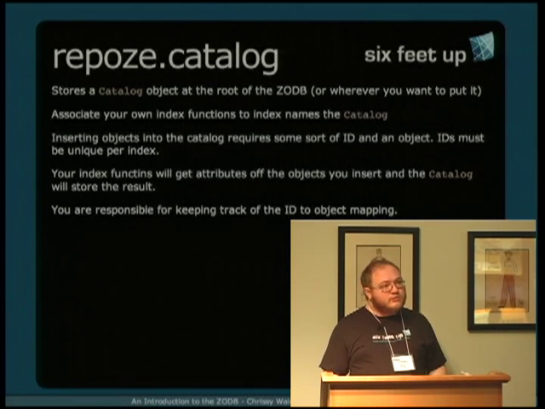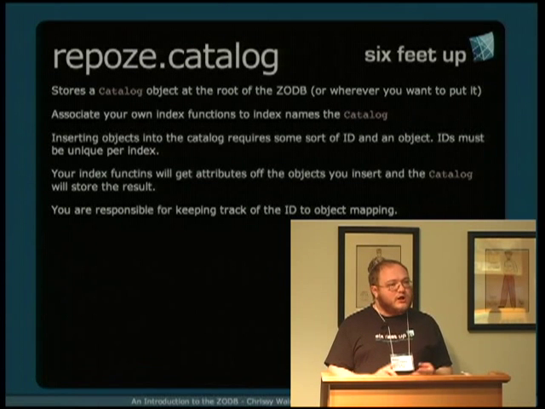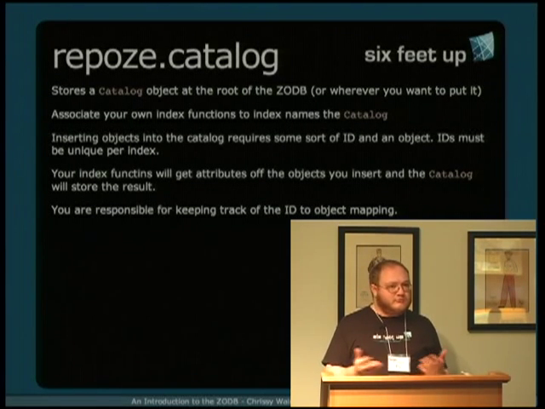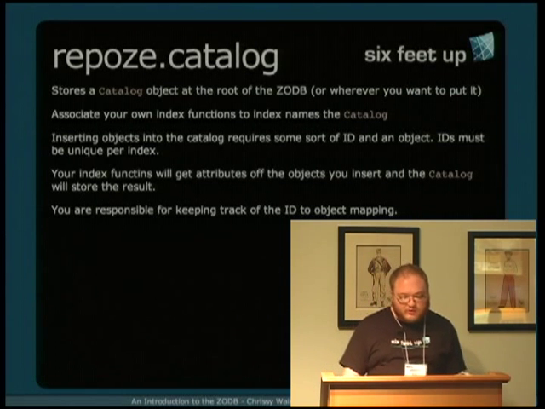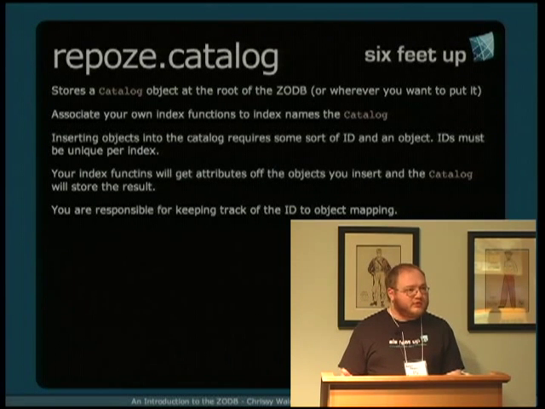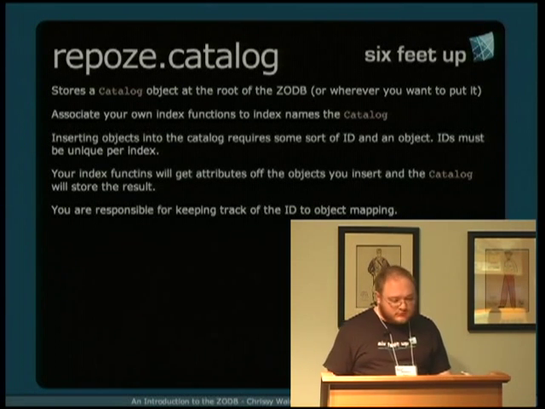All they should really do is take an object, look in that object to see if it has a specified attribute. So there's two arguments, the object and the attribute. If that attribute is on the object, return it. And if it's not, return a default value. So you return None or whatever you want to put there to count as a null. And then the catalog will store whatever result comes back if it's not None.